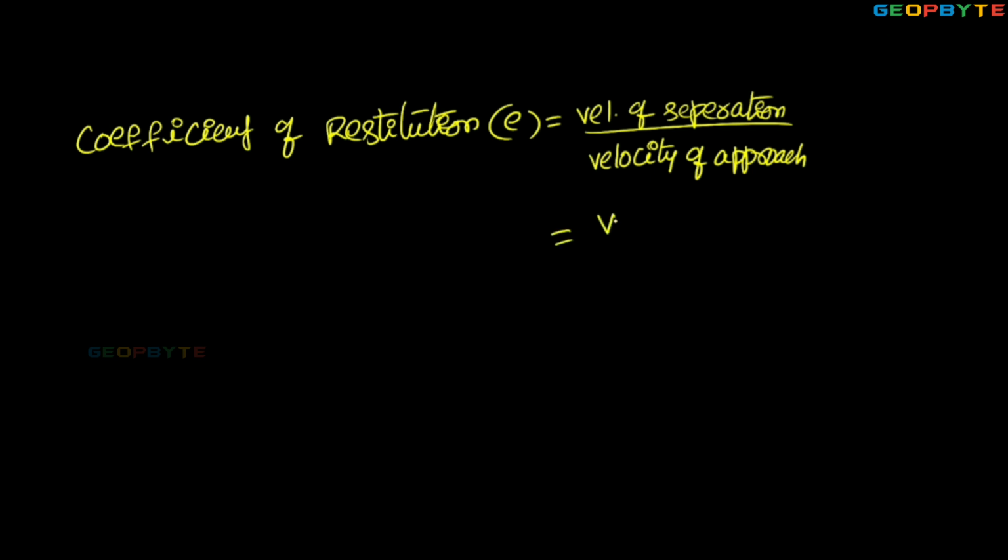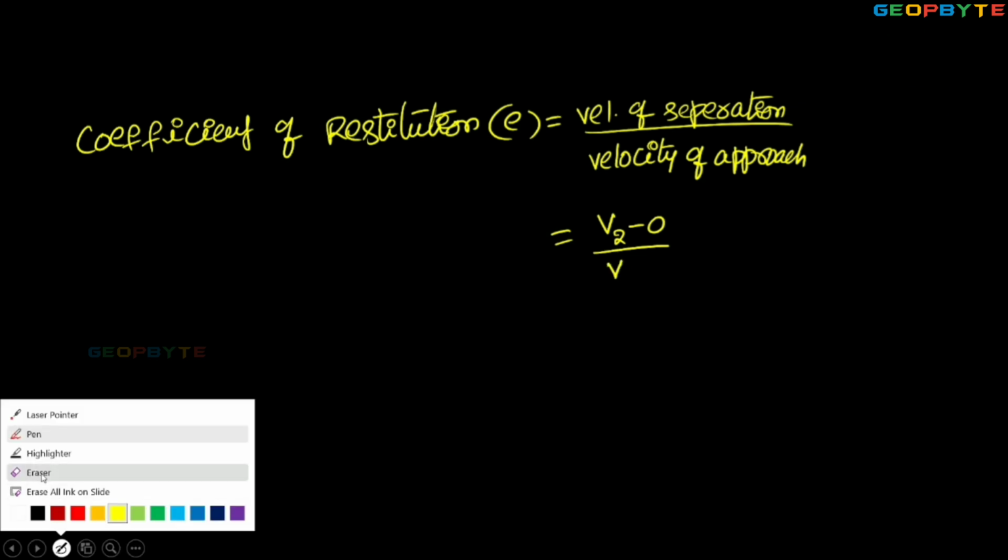Velocity of separation is v2 minus 0, and velocity of approach is u1 minus 0.